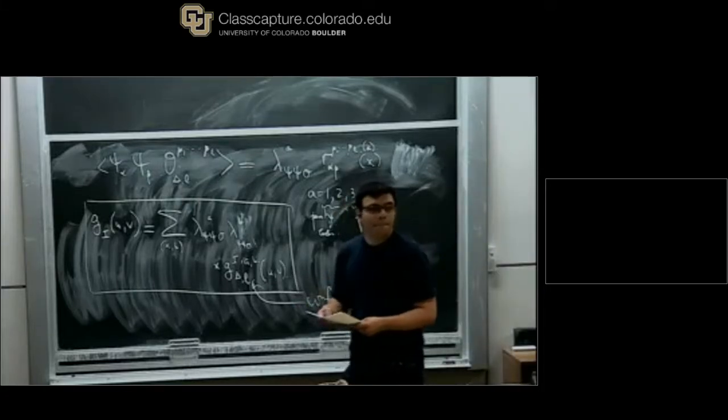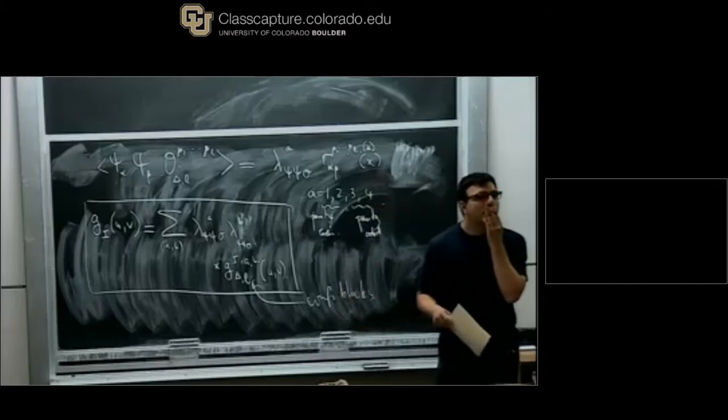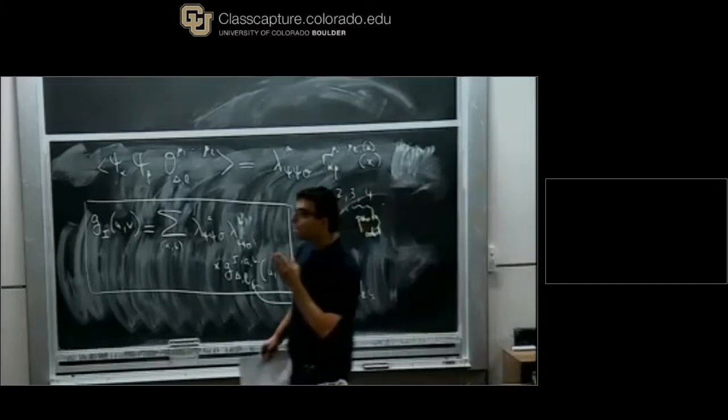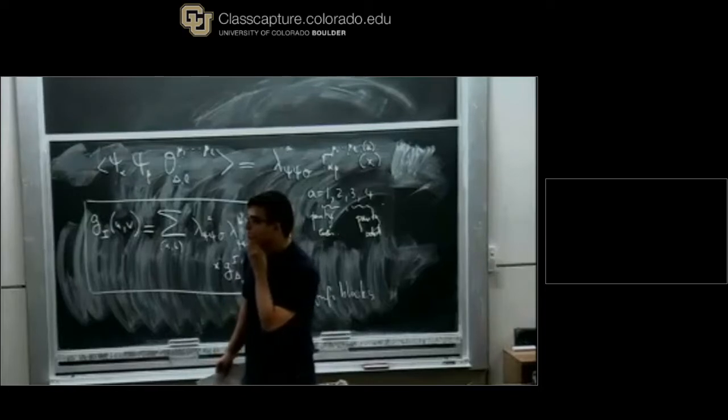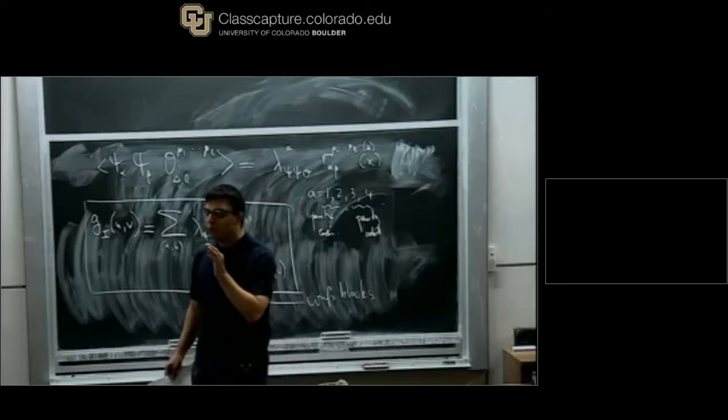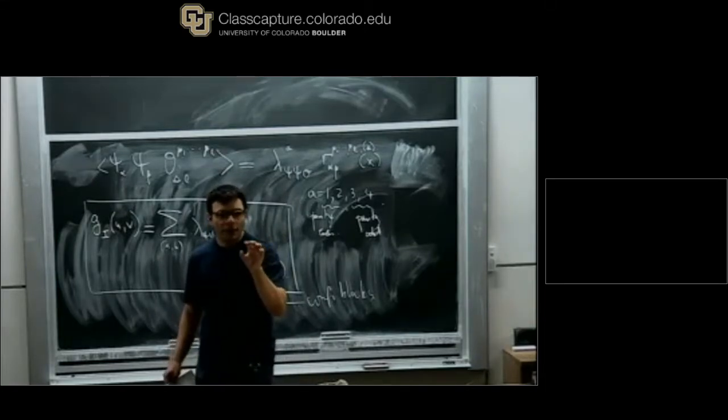Yes? Sorry, just a technical question. That object T alpha beta gamma delta, the conformal factors are taken care of by it, correct? Not necessarily. You could have x's sandwiched in between, multiplied by gamma matrices.